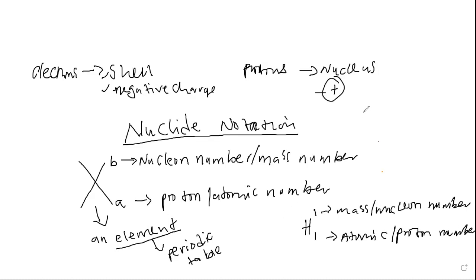If we check for sodium, it has got those numbers. This is the mass or the nucleon number. Then this is the proton or the atomic number.